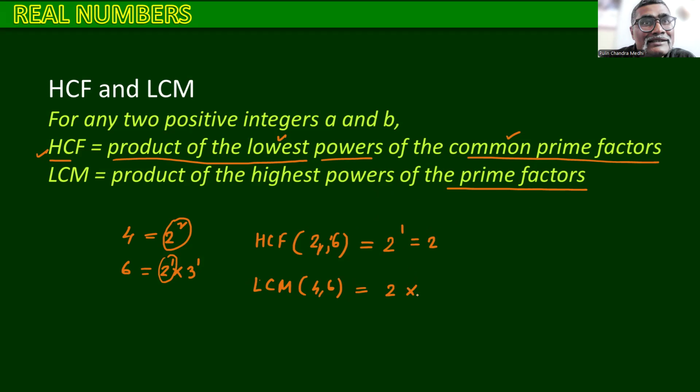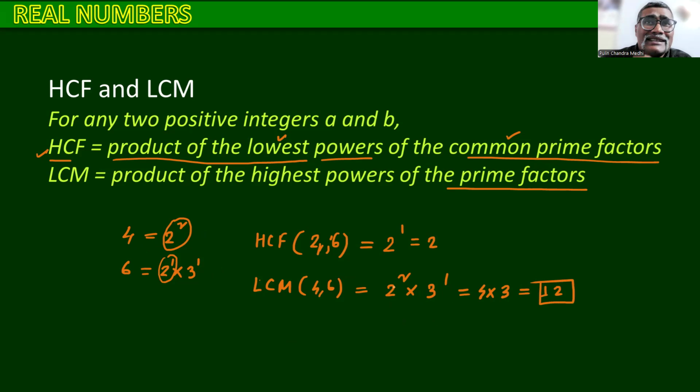So 2 is a factor, 3 is a factor, I have written, and now I have to find the highest power. So 2 square is there and 2 to the power 1. What is the highest? Square. Okay, very clearly 3 is not there in the upper number, that is 4. So obviously 3 to the power 1 will be the highest. So now this is 4 into 3, that is giving you 24.